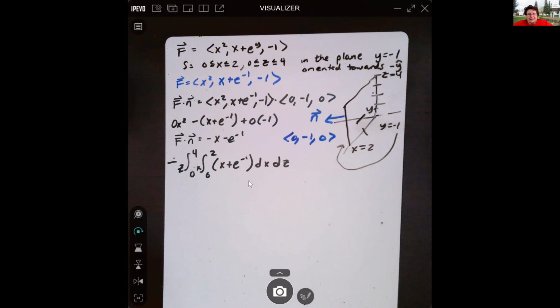Today we're just doing F dot N. Tomorrow we will do the other forms, F dotted with r_u cross r_v, or the gradient of g, where we've got functions of z and stuff like that. But I want to ease you into flux.